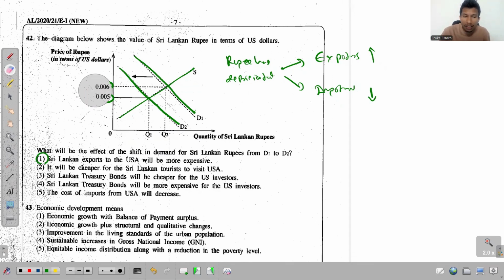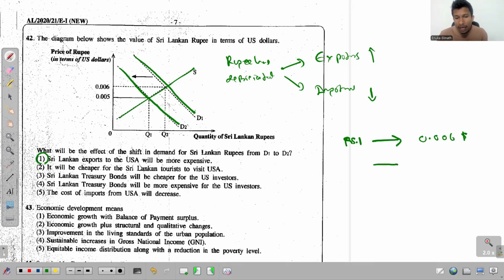No, just look at this thing. Just imagine that we send a product worth 1 rupee to the American market. Just assume so. We send a 1 rupee worth product to the American market. And earlier they had to pay $0.006 for this product.